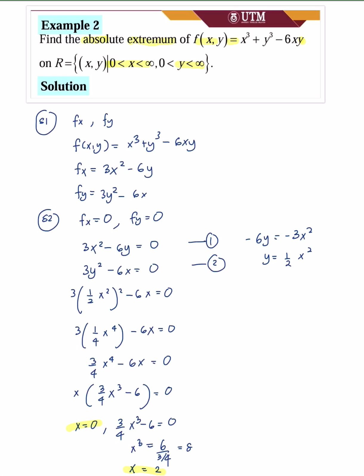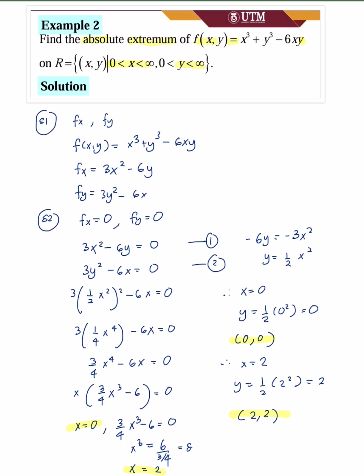For x equal to 0, our y is half 0 squared, which is 0, so we have (0, 0). If x is equal to 2, we have half 2 squared, which is 2, so we'll have (2, 2). So these are the two critical points that we have: (0, 0) and (2, 2).